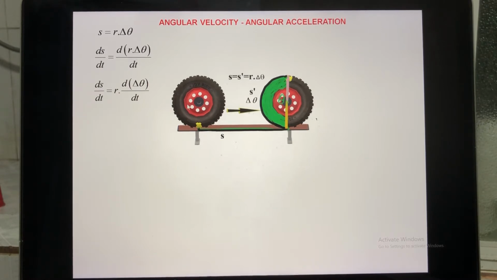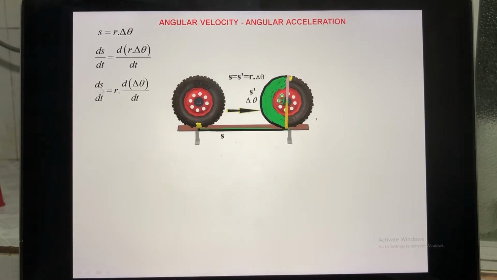R here is the radius of the wheel. In normal conditions, the radius of the wheel is a constant during this process. So I take the radius out from this derivative with respect to time. So I rewrite it like this.